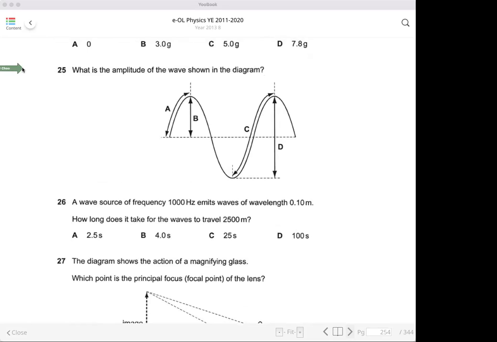Left with Huai Xin and Ryan. Okay, Huai Xin, well done. Ryan, what's your answer for question 25?